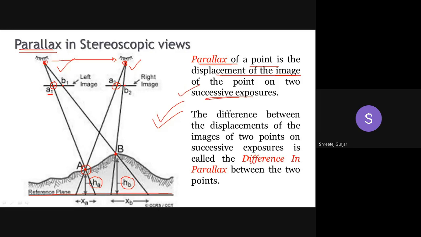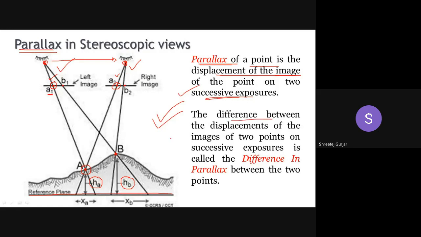Very important: successive, not any random images. They have to be adjacent images. So the shift or displacement of that image is called the parallax.